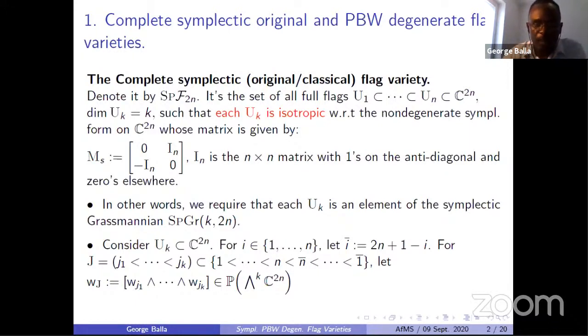This will be living in some projective space of some big vector space, which is a k-th exterior power over our vector space, which we fixed, C^2n. And we can associate to such an element a Plücker coordinate.